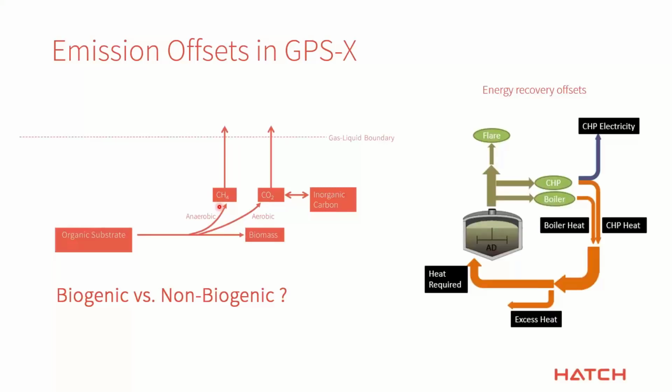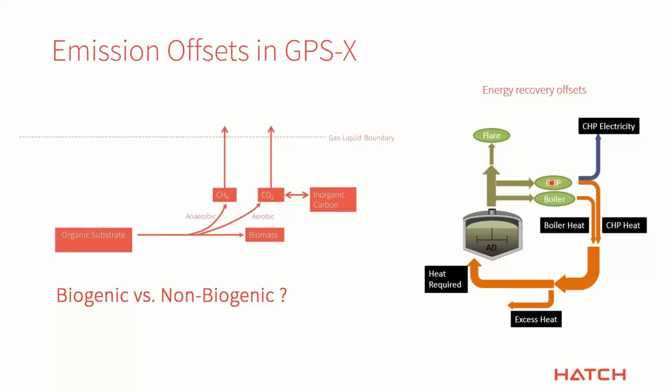And the other factor is that we have implemented several energy recovery offsets. We could actually use the gases that are being produced. We can take them to flare, or we can take them to the boiler, and we can produce some heat that can be used for heating the digesters, reducing the fuel demand for heating digesters, which can be used as a carbon offset.